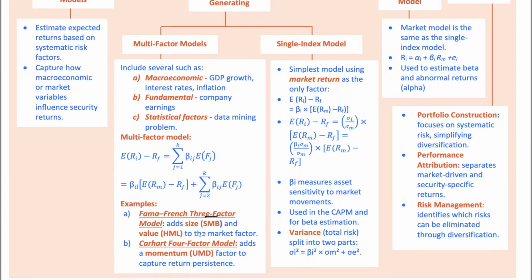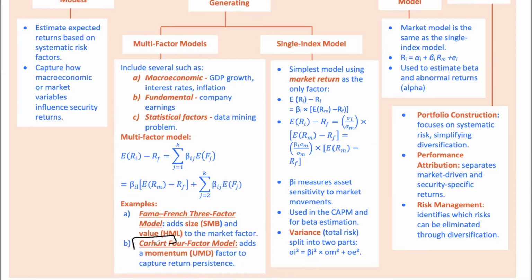Now, some of you have heard of the Fama-French model, and yes, it's fair game on the exam. Eugene Fama and Kenneth French came up with the idea that stock returns depend not just on market exposure, but also on size, meaning small versus large companies, and value, like high versus low book-to-market ratios.